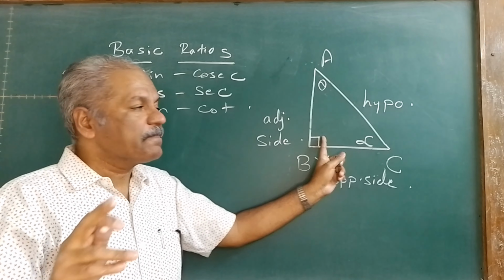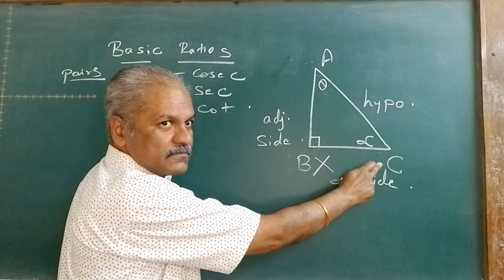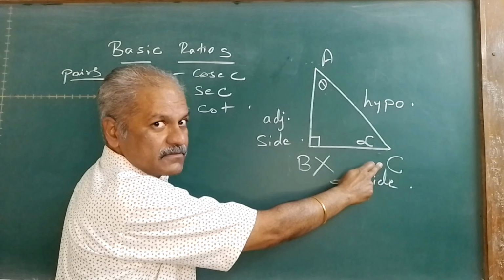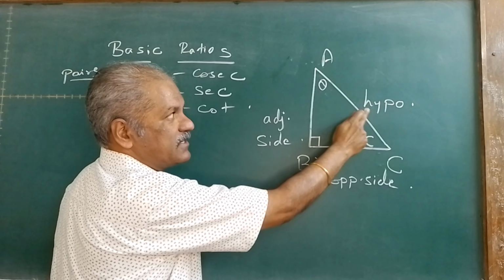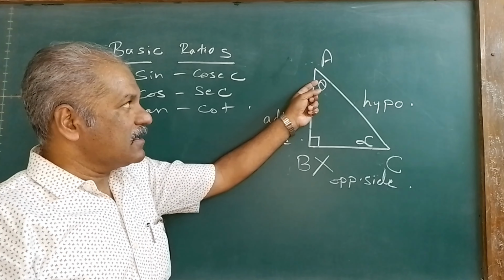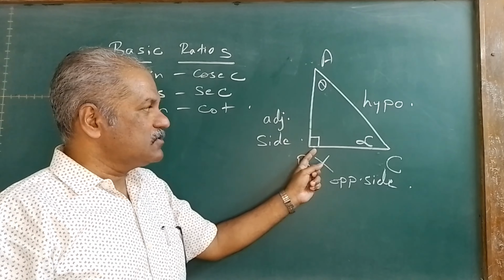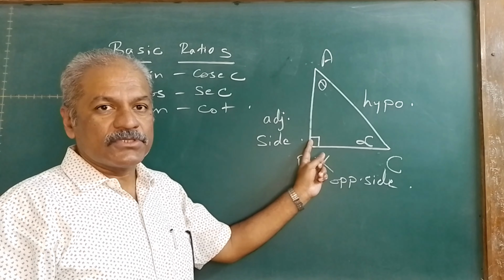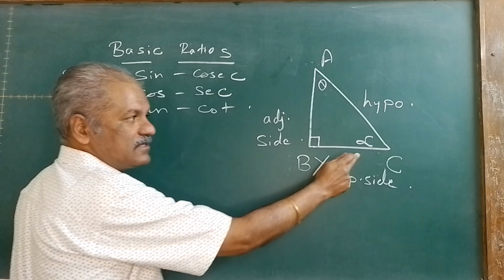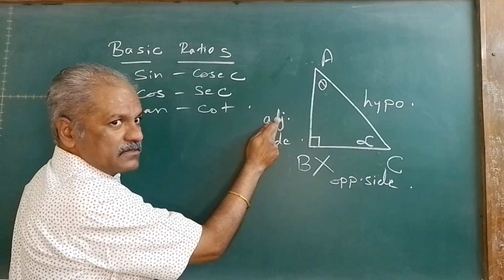Am I clear? Next thing, suppose I take angle C, think for a second, which will be the hypotenuse? Opposite 90, AC will be the hypotenuse. So remember, angle A, angle C, whichever angle you take, hypotenuse is going to be the side opposite to 90, that is AC. Now if I take angle C, the opposite side will be AB.